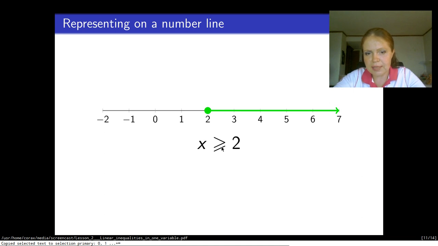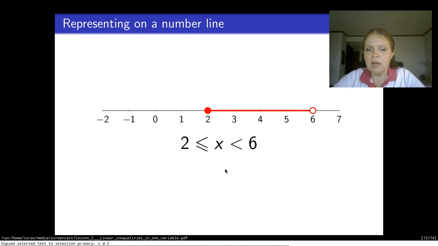Can you see x can be equal to 2 or greater than 2? So all of these numbers shaded green, all of them, 3, 4, 5, 6, 7, and until positive infinity, are solutions for this inequality, and all of them are greater than number 2.